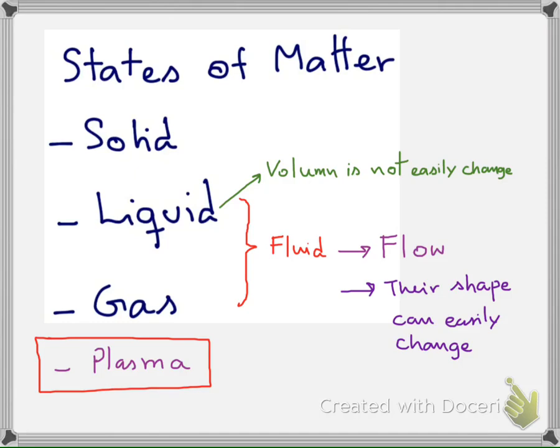I mean that if you pour water into a container, the shape changes, but the volume does not change. If you have an amount of water and fill it in different containers, you have different shapes, but the volume is the same. So we cannot easily change the volume of the liquid.